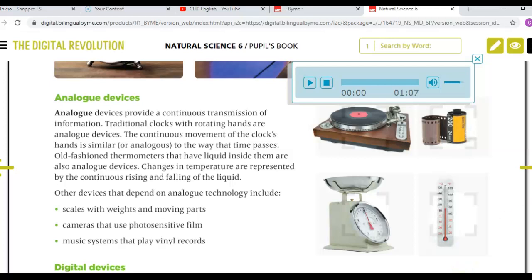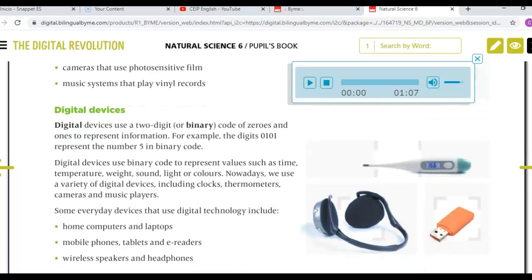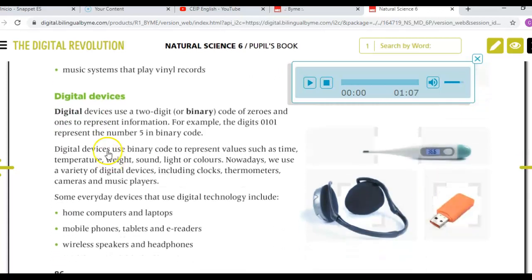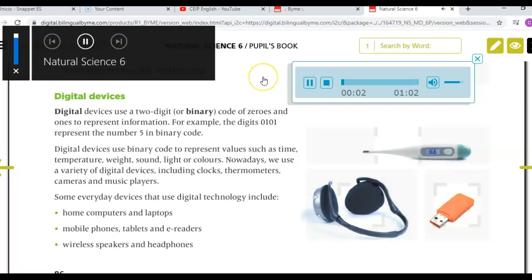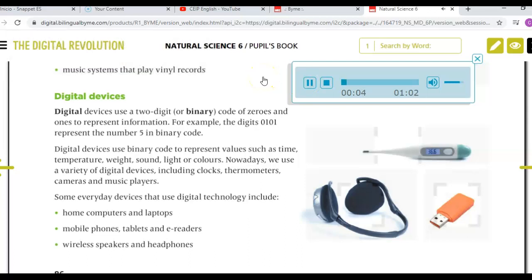Okay, good. Let's move on and find out about digital devices. Unit 6, page 86, Digital Devices. Digital devices use a two-digit or binary code of zeros and ones to represent information.